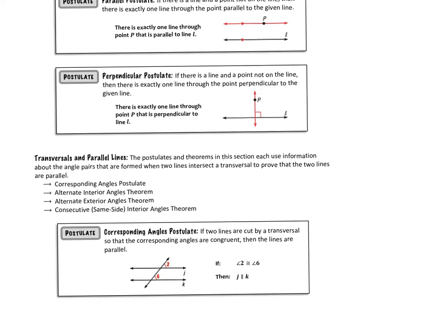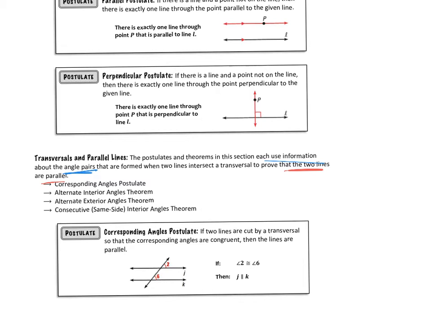Finally, we get to our corresponding angles postulate. And this is part of a group of postulates and theorems that, instead of using the fact that lines are parallel and then saying something about the angles that they form, now we are going to know something about the angle pairs that are formed when two lines intersect a transversal, and we'll use those pieces of information in order to prove that the two lines are parallel.